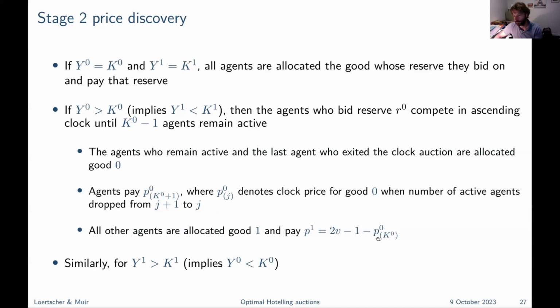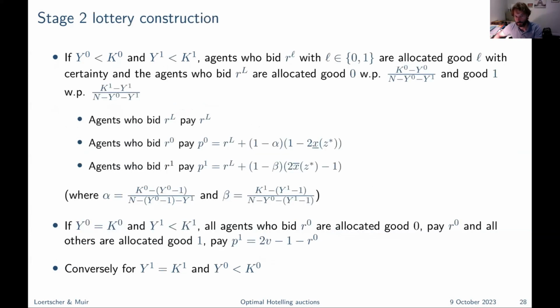And this is maybe where you see why we need to kick out the K naught minus first guy as well, to find out what that price is. And analogously for the converse case, where you have the other sort of imbalance.